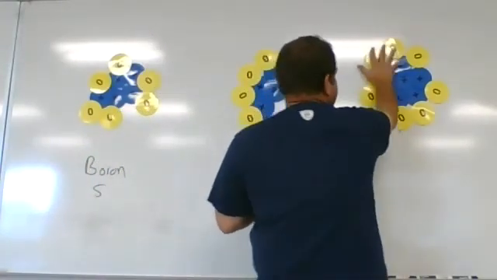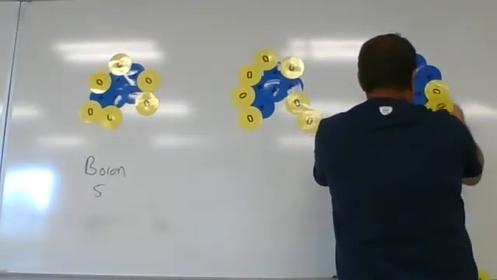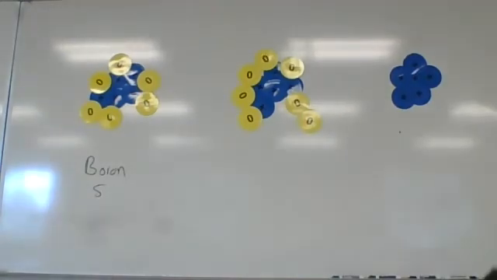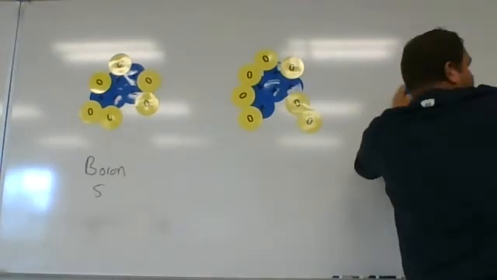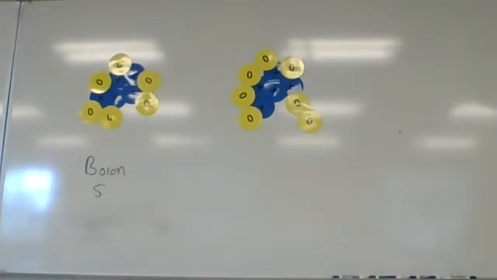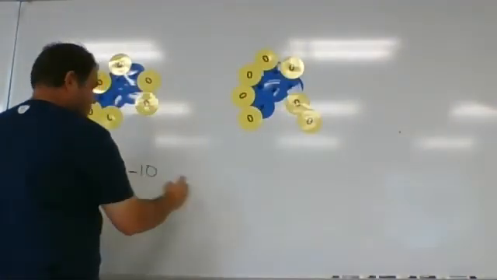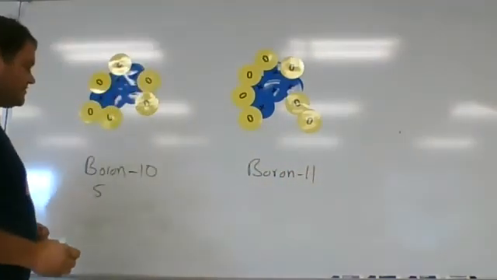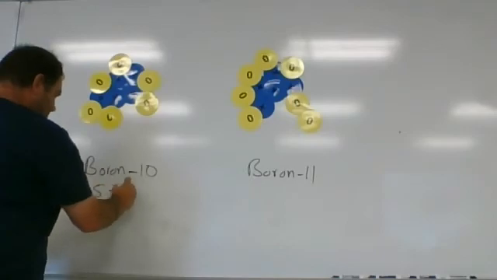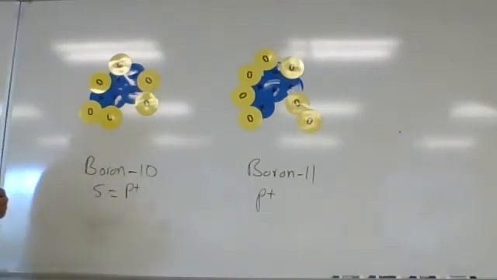And I'm going to get rid of an entire nucleus, because boron is only going to have 2 isotopes. So I'm going to get rid of all of this. The 2 isotopes are boron-10 and boron-11. They both have 5 protons, of course, because they're isotopes of the same element, boron.